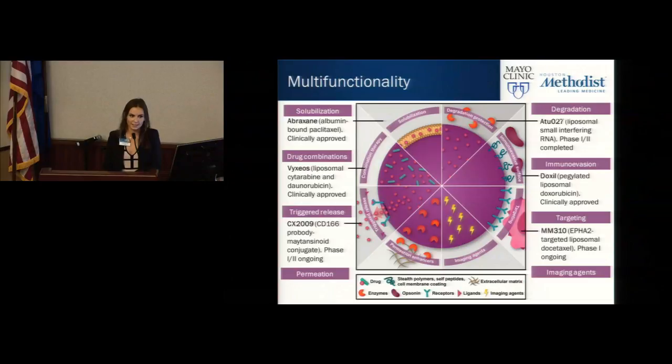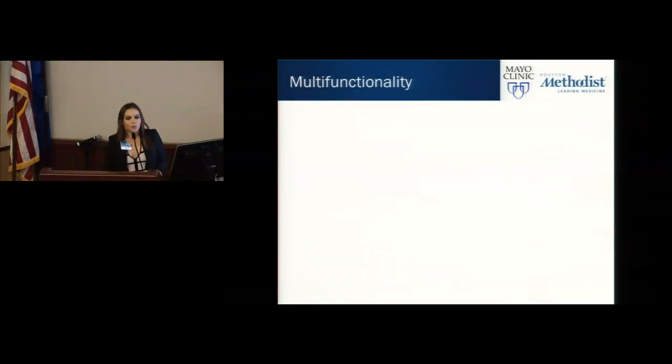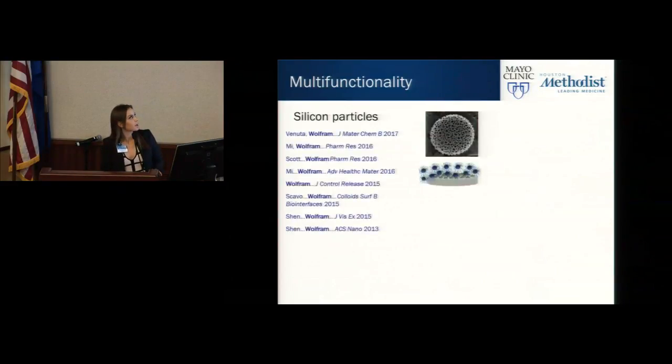So as you can see, there's several ways we can utilize multifunctionality when it comes to nanomedicine, and most of these are already in the clinical stage or even clinically approved. And within my own research, I've also worked with multifunctional nanoparticles, for instance, silicon particles, and we've looked at encapsulating multiple drugs, for instance, chemotherapy and gene silencing agents in the same nanoparticle.